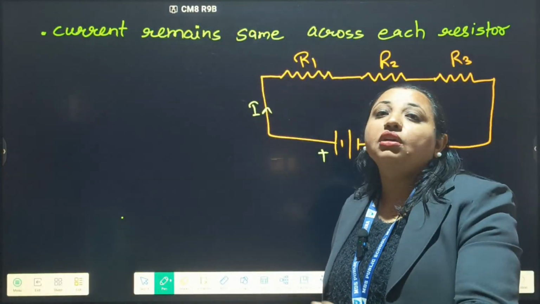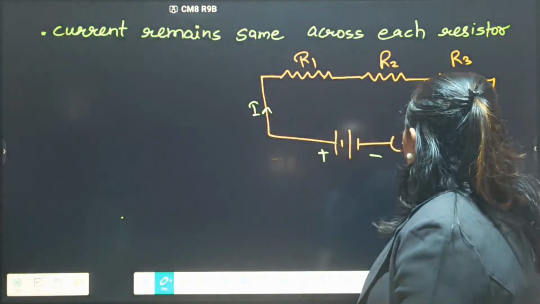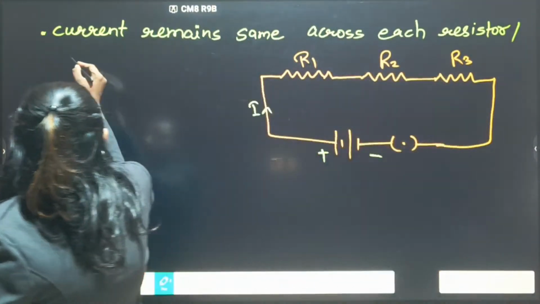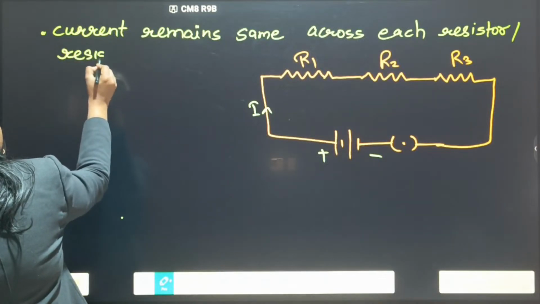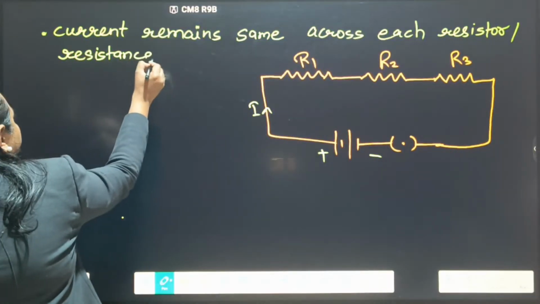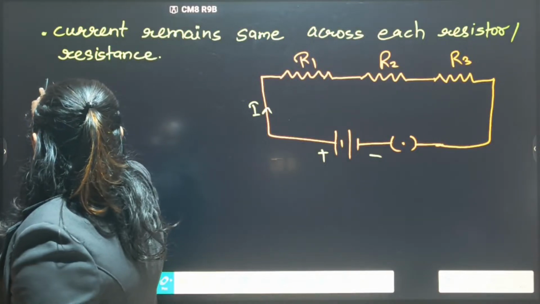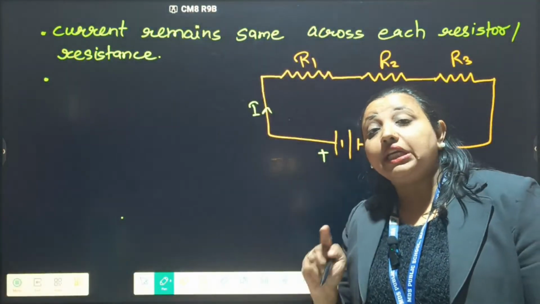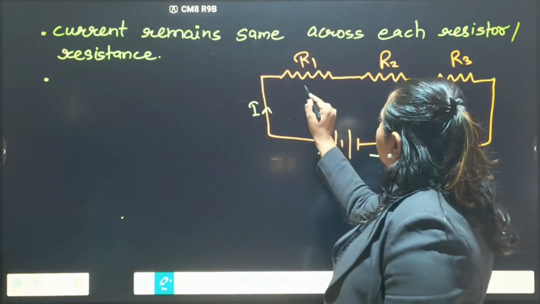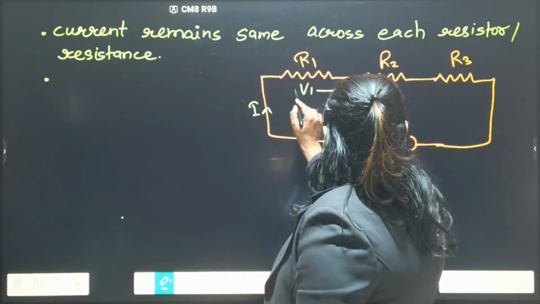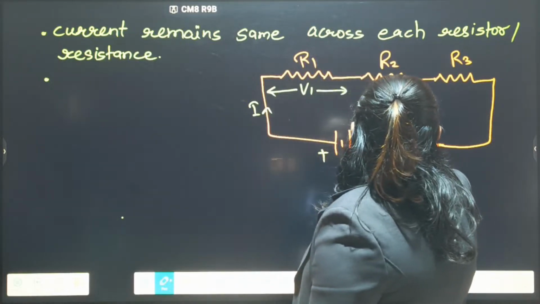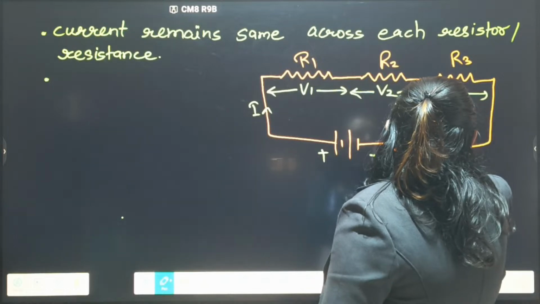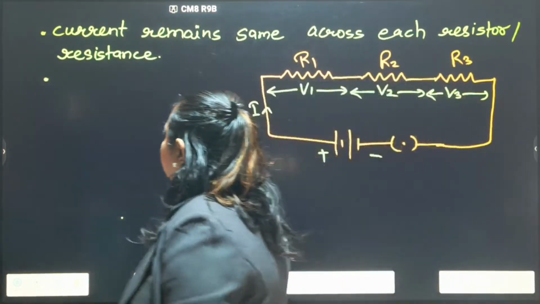So same current flows through all the resistances or the resistors, right? Understood? And what is different? Potential difference across each resistor or each resistance is different. So it has a V1 potential difference, it has a V2, and it has V3. So all have different potentials.